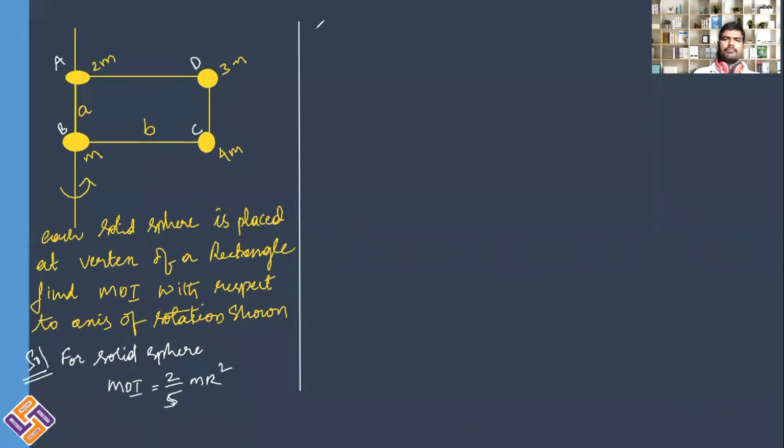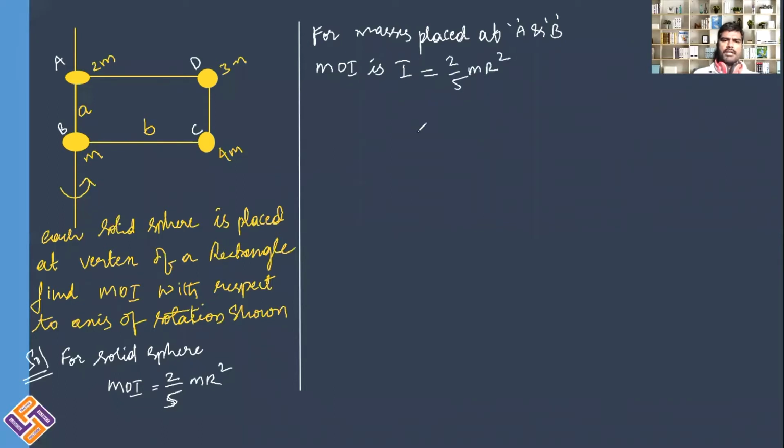So for the masses placed at A and B, the moment of inertia is I equal to 2 by 5 m r square. Therefore, the moment of inertia for the object A will be equal to 2 by 5, its mass is 2m, into r square.